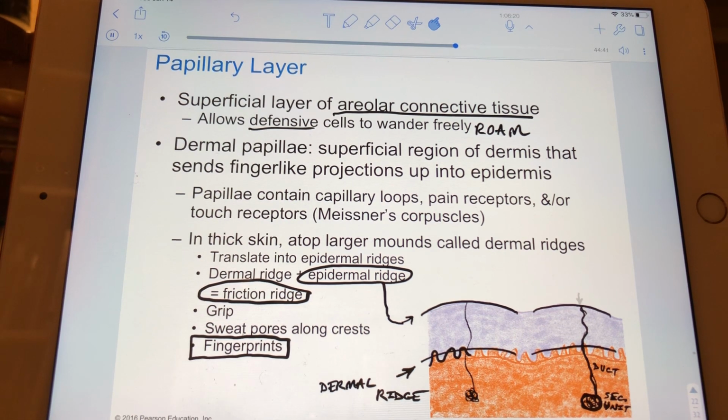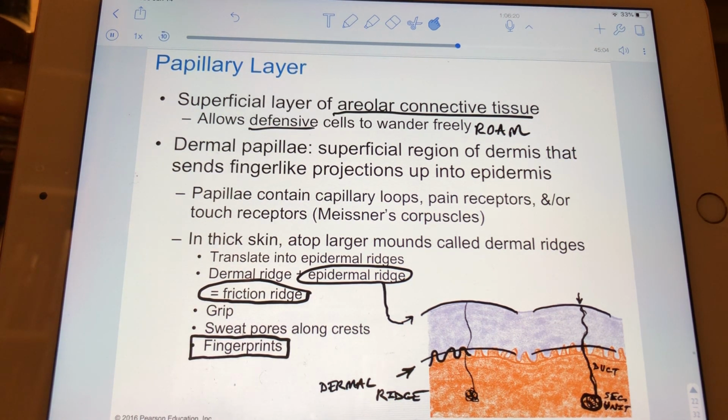notice that the duct of these sweat glands leads to the very apex of that friction ridge. That means that the ridges that make up our fingerprints have sweat pores along their curvatures.